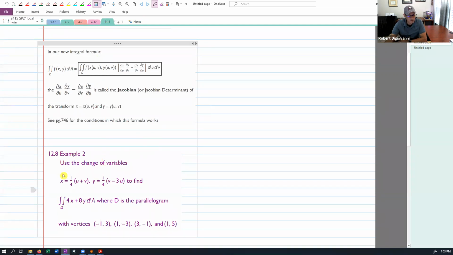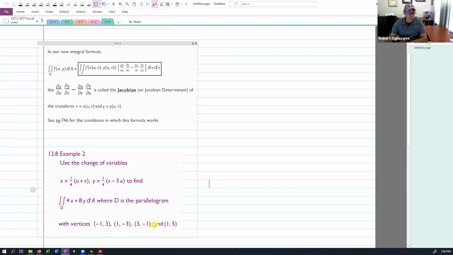So the problem is to use the change of variables. We're given that we're going to change x over to 1/4 u plus v, and we're going to change y over to 1/4 v minus 3u. We're going to use that change of variables to find the double integral over D of 4x plus 8y dA. And the region of integration is this.